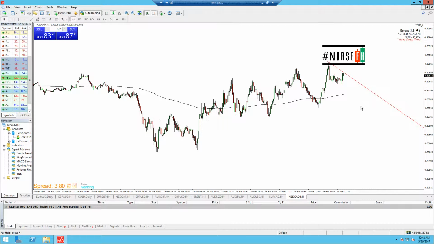There's not a lot of moving parts in this EA. The only moving part is the trend line that you draw on your own discretion. So if you have trend lines as a part of your trading strategy or trading system, if you like, this tool will help you on executing the trades themselves.